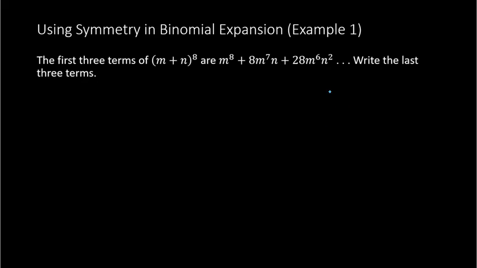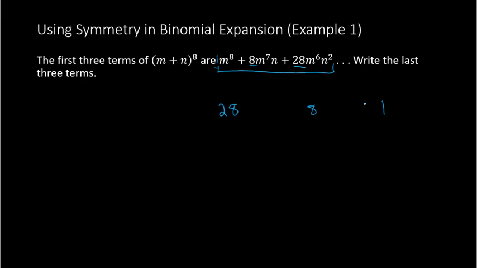So the last 3 terms, the coefficients are going to be the same, 28, 8, and then 1. So we know that's going to be the case for the right side as well. So we have 28, and then we have 8, and then we have 1. That's going to be your left side, or your right side, sorry. So this would be your left side, and this would be our right side.